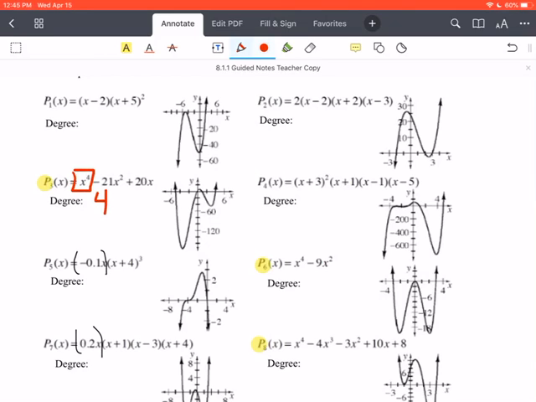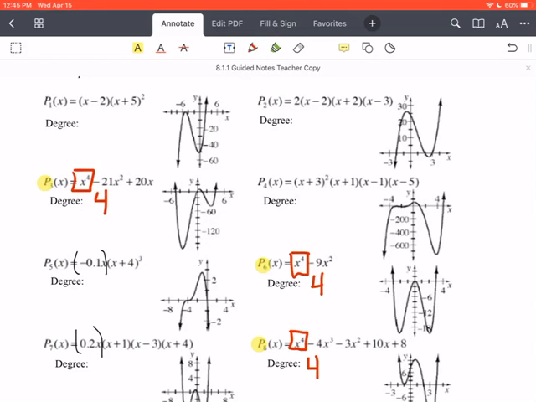Okay, on P6, find the term with the highest exponent. So once again, we see x to the 4th, so that's a 4th degree polynomial. Now on P8, I always look at all terms just in case it's not written in descending order, but again, this is a 4th degree. We look at the exponent, not the coefficient that is in front of it.